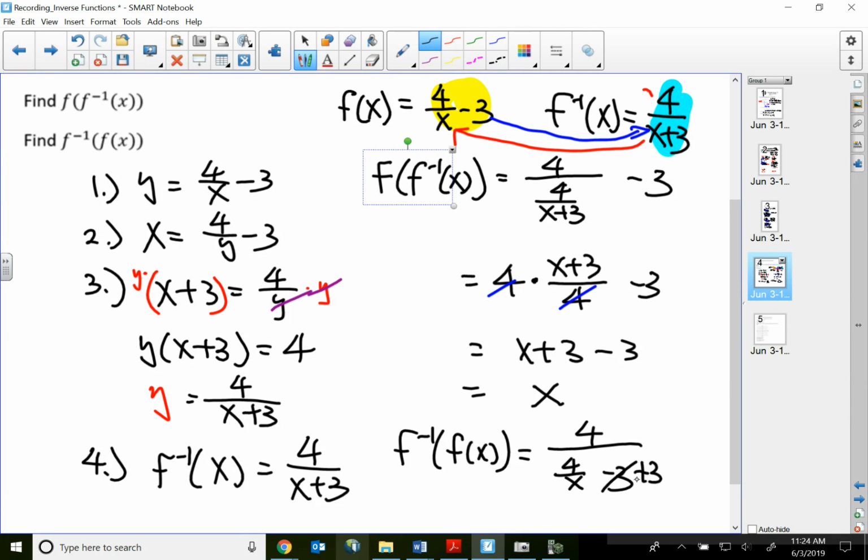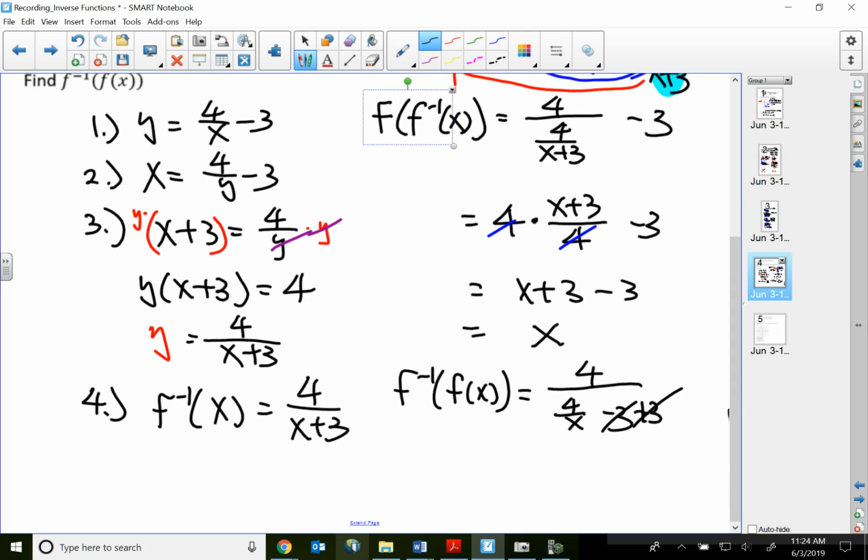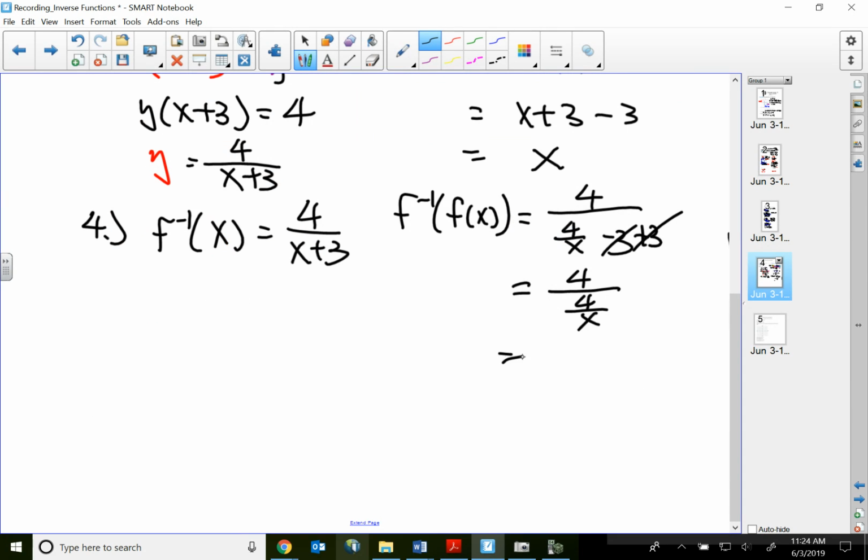So it turns out the negative 3 plus 3 actually automatically cancels out. So I end up with 4 divided by 4 over x. So take my 4 divided by the 4 over x, means times the reciprocal. So the two 4s cancel out. My answer is x again.